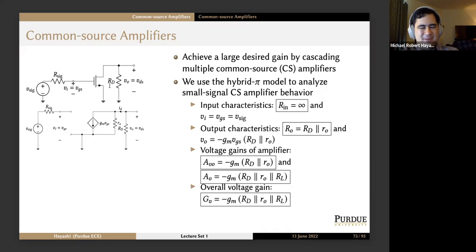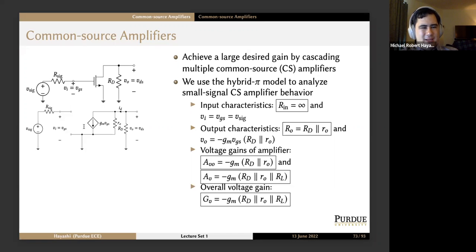All the DC biasing has disappeared, and we're left with VSig, RSig, the transistor, this drain resistance RD, and then the output taken from the drain to ground. So the output is VDS, the input is VGS.